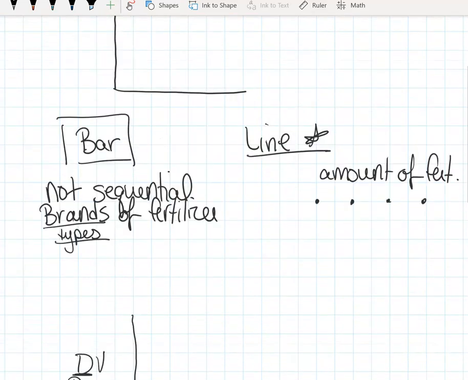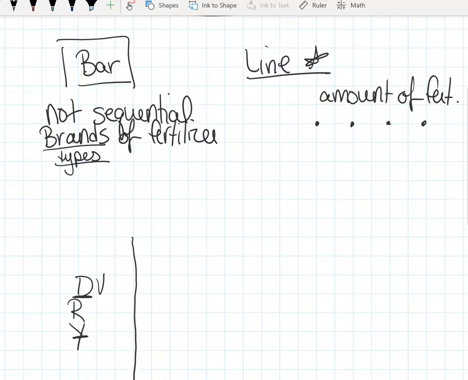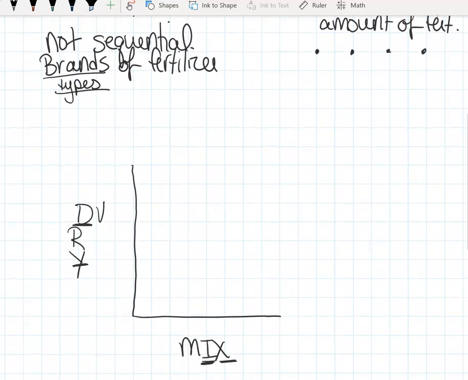So let's look at our graph. Let's take a bar graph here, and we're going to do the brands of fertilizer. If I'm changing the brands of fertilizer, that means that is my independent variable. So that means that's going to go down here on our x-axis.